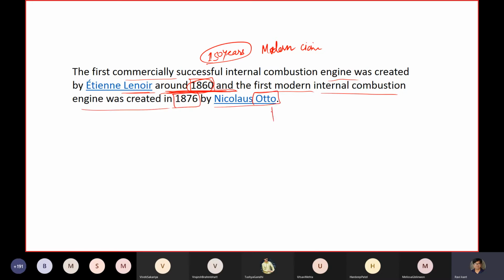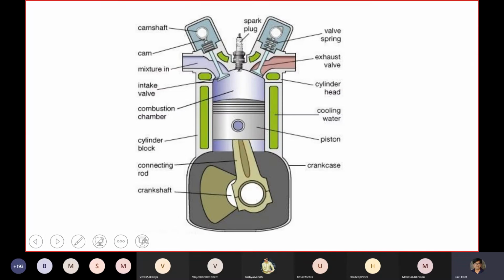Based on this mathematician or physicist, we have a thermodynamic cycle called the Otto cycle, honored with this particular guy's name, also called the SI engine cycle. Okay, we'll look into it more closely in the upcoming slides.